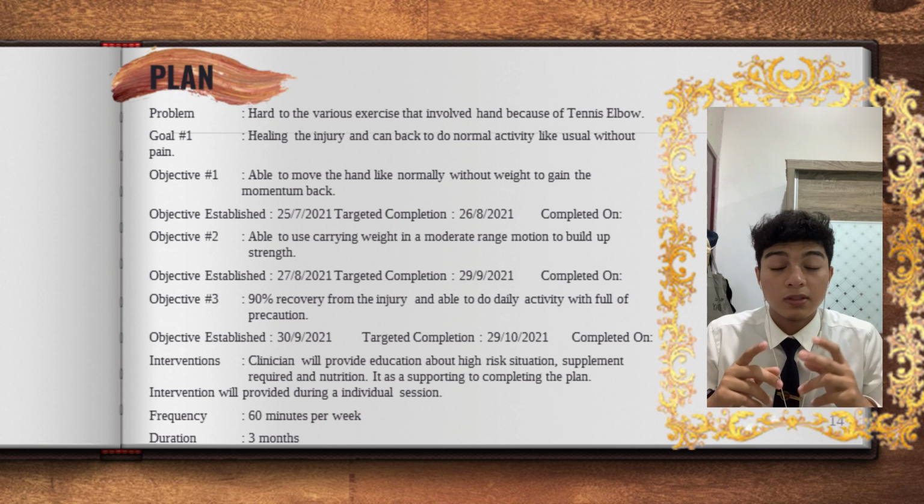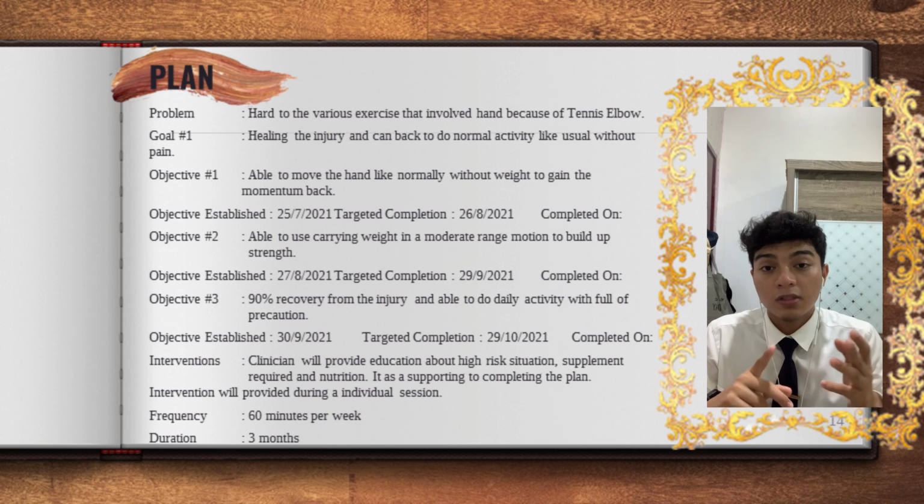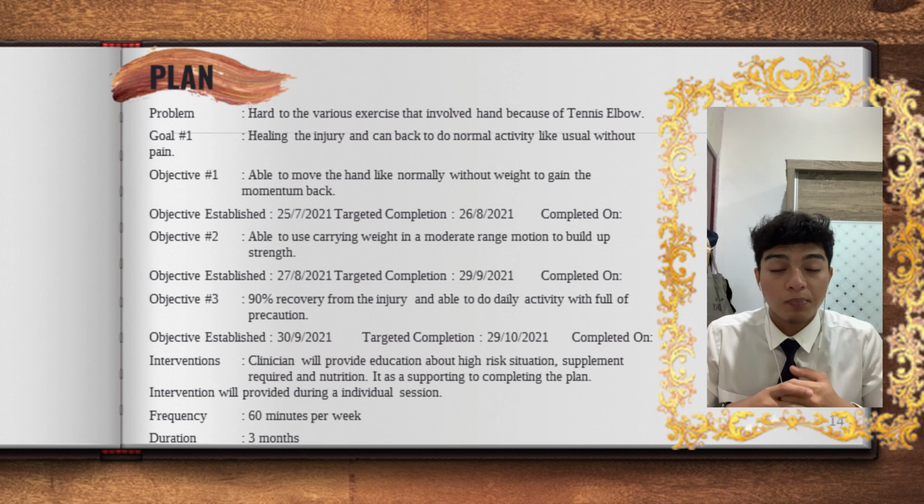So after achieving objective 1, we're going to proceed to achieve objective 2. Same goes for the other objectives. So we have interventions, like mechanical aids that we put in the treatment plan, like advice from the clinician and others.